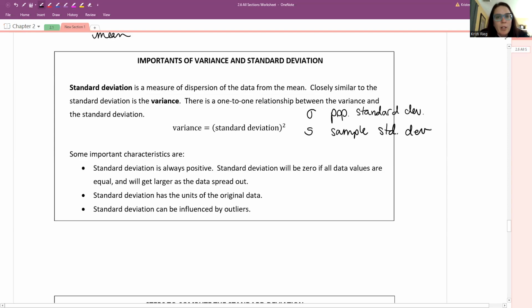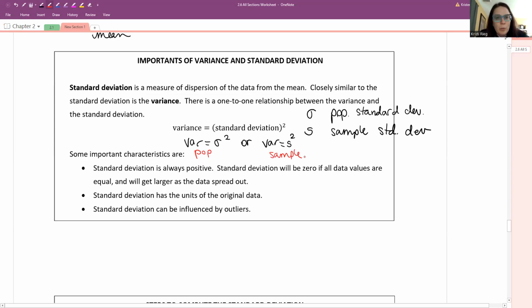And it's going to matter which one we use. We'll talk about that in various problems today. But the variance is the standard deviation squared. So we could say that variance equals sigma squared, or variance equals S squared, depending on if we're talking about, and I'll put this underneath, the population or the sample.